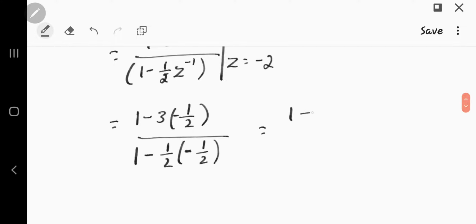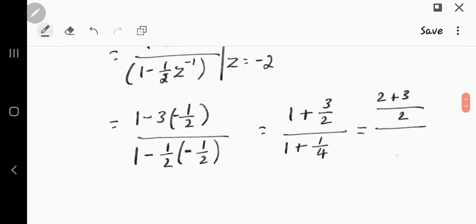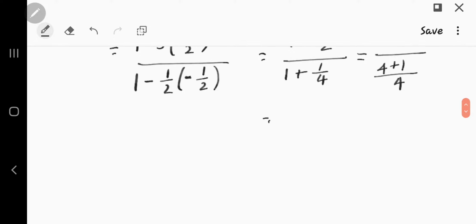That gives you 5/2 divided by 5/4. The 5 gets cancelled, and 2 goes to the numerator.